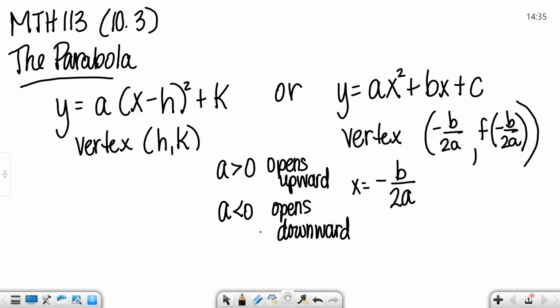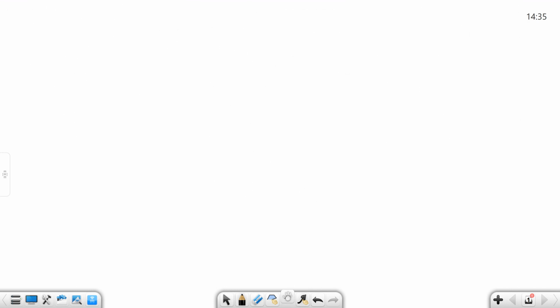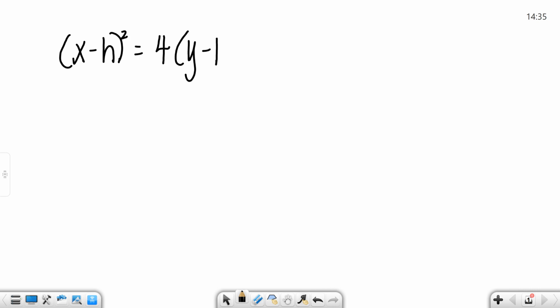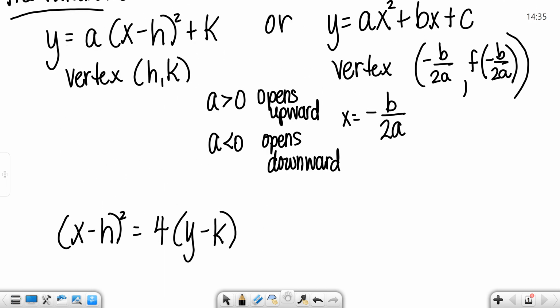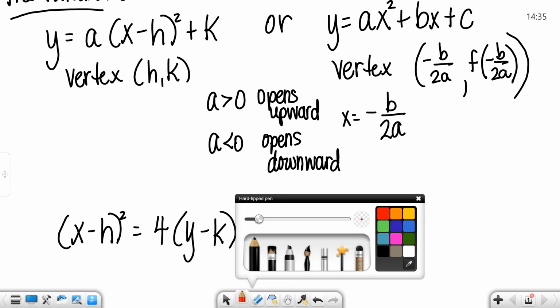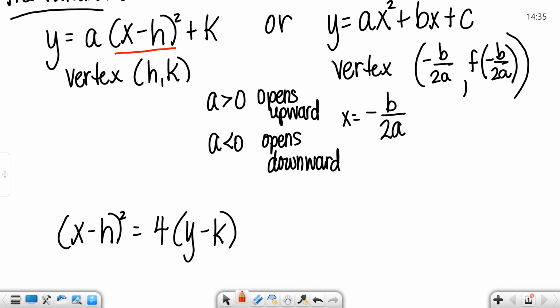So let's move on to parabolas in Math 113. It's similar, very, very similar. All right, and so we're going to look at our parabola like this. Now I'm going to slide this back down so you can see just how similar it is to this equation right above. Let me see if I can't point out the similarities for you. All right, so here's the x minus h squared.